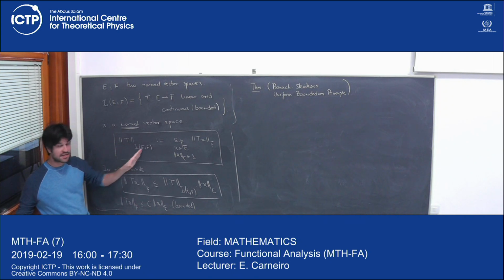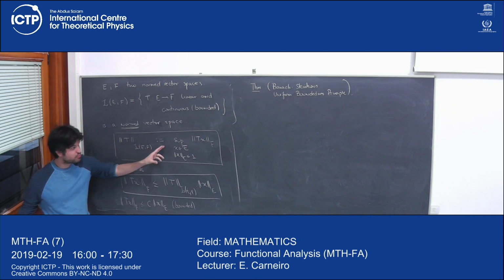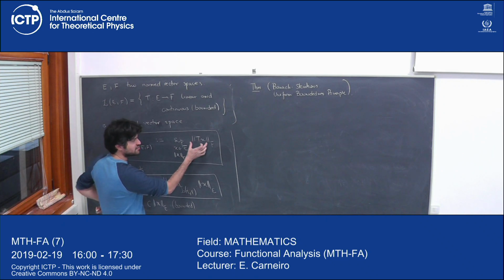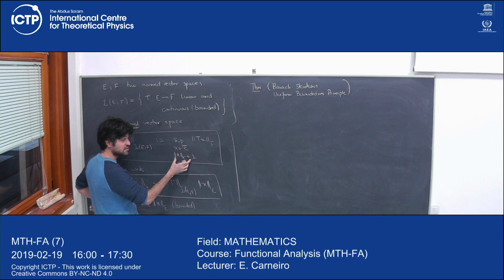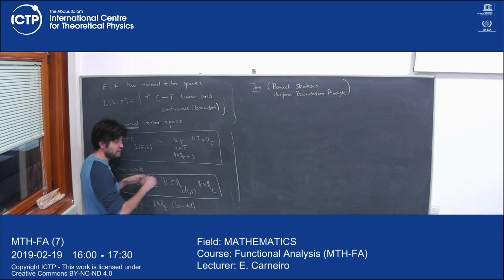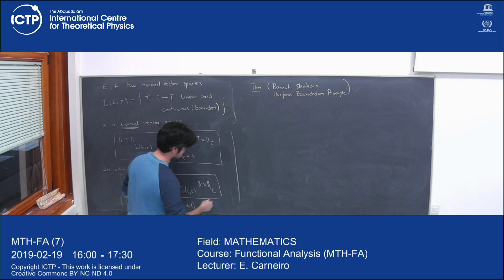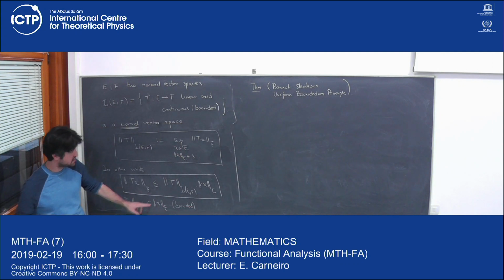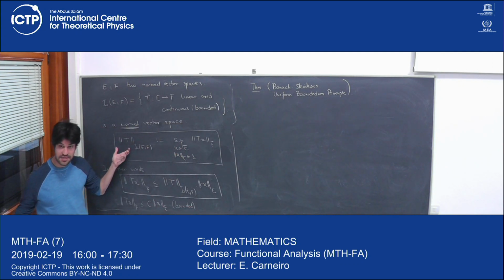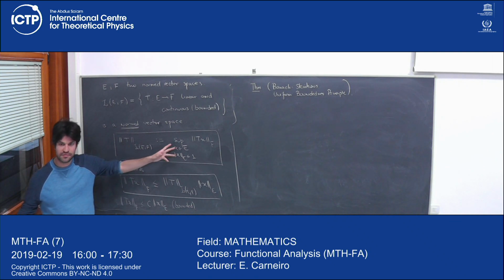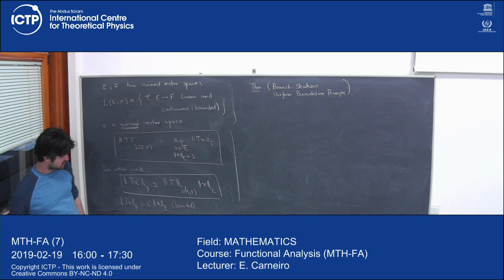So this is defined as the supremum of the value that T of X attains when X is in the unit ball here. This means that if you scale things, so if the norm of X is not 1 but 2, I would just scale this constant by 2. So this inequality holds with this constant C, but it doesn't hold with anything less than C, because this is defined as the sup of these things.